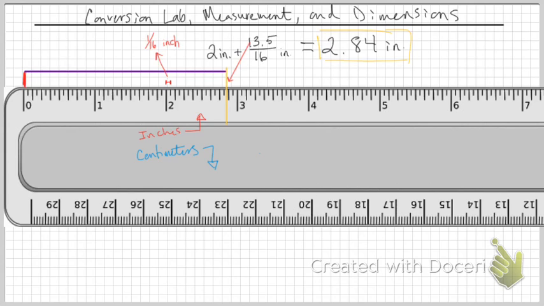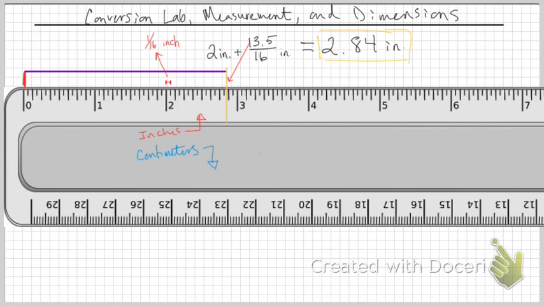So the smallest distance on my ruler is that 1/16 of an inch distance, and you can see that my golden line there falls about in the middle, somewhere in between the 13th and 14th tick mark, between the 2 and the 3 inch marks. So I'm estimating at 13.5 or 13 and a half 16ths of an inch.